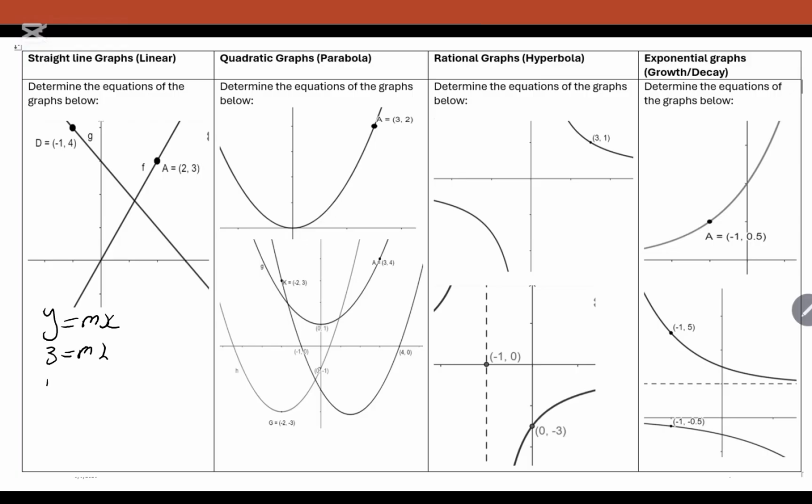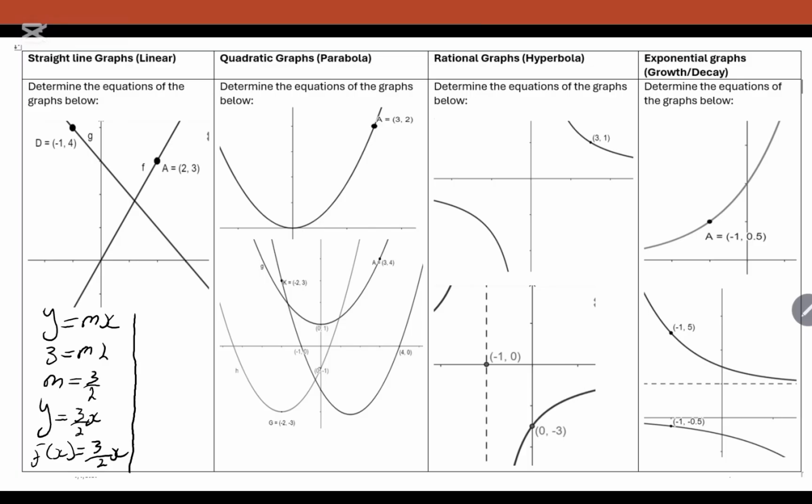Therefore, I make m the subject, so m is equal to 3 over 2. So the equation of this line is y equals 3 over 2 x. With the name f, it is f of x equals 3 over 2 x. So that is what they are expected to do.